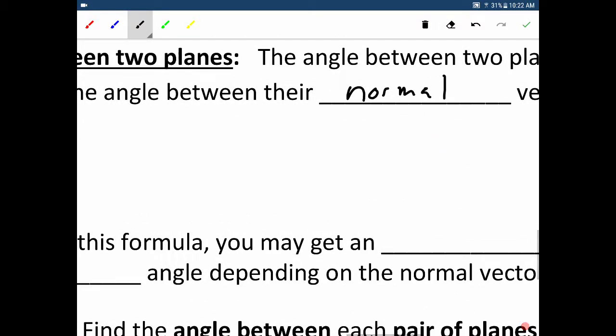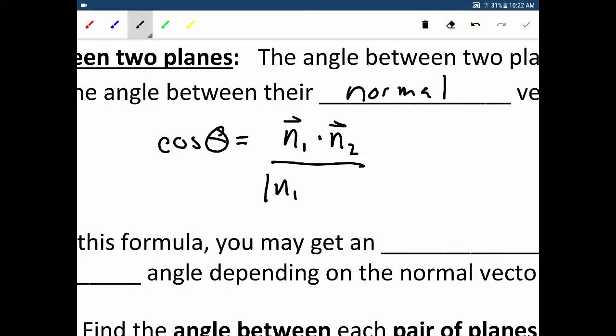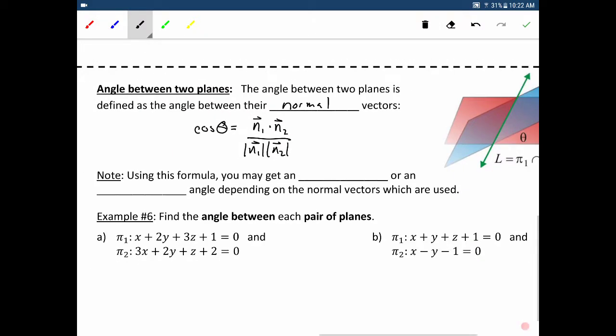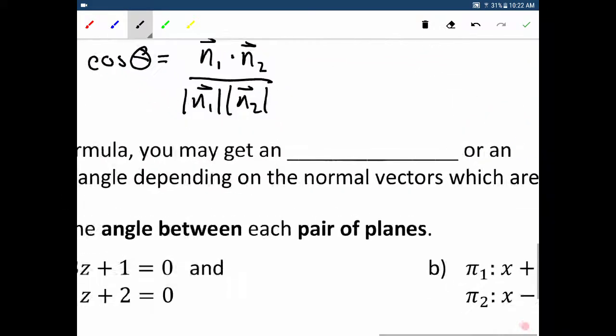So to do that, we're going to use the equation cos theta is equal to, and on top we'll have the dot product, and we'll divide by the product of the magnitudes.